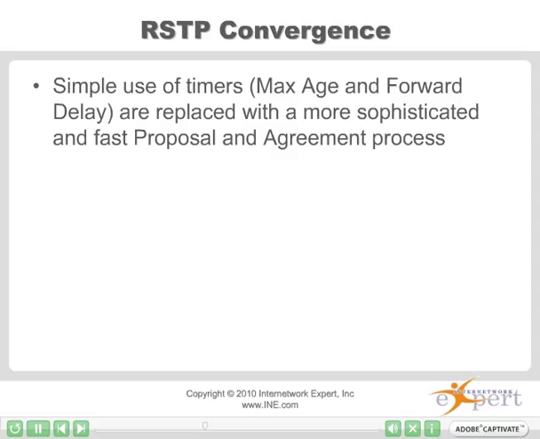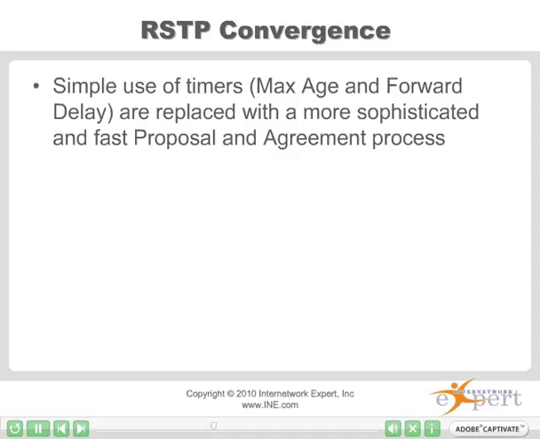In fact, you probably even remember the defaults for those. A max age of 20 seconds and a forward delay of 15 seconds. And I hope I'm right. Yeah, I think I'm right. But anyways, the simple use of timers has been replaced by this sophisticated proposal and agreement process.